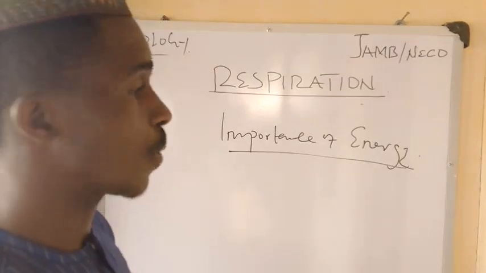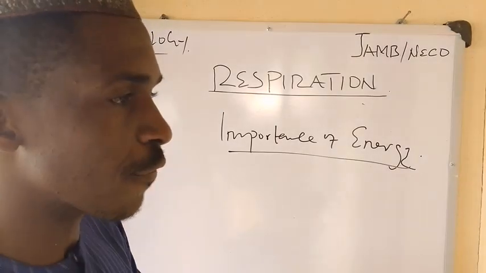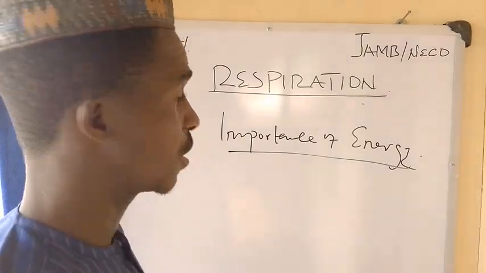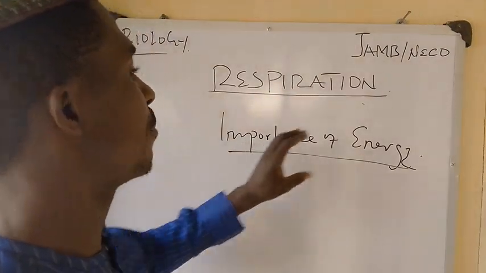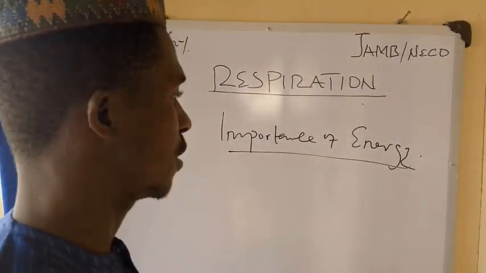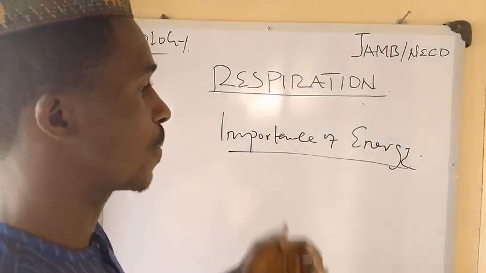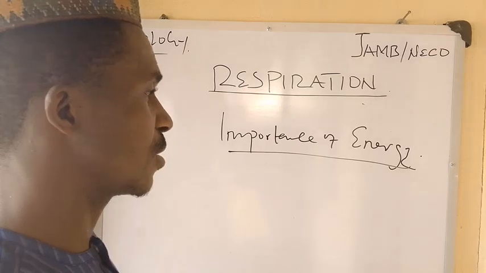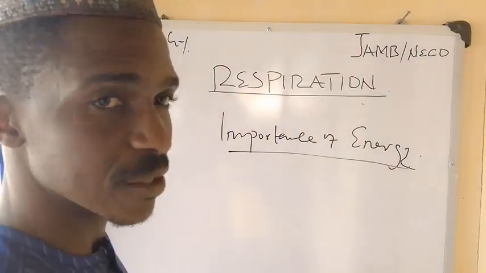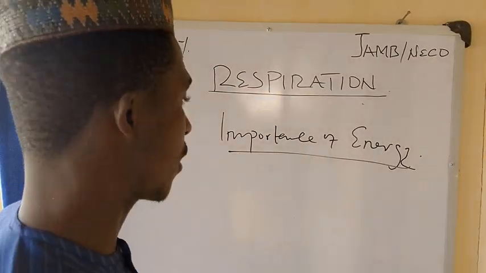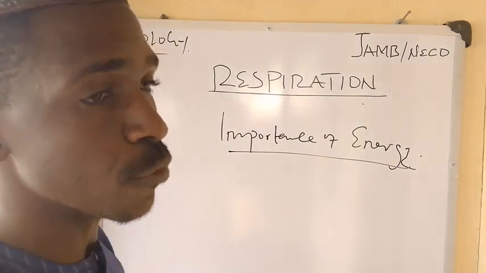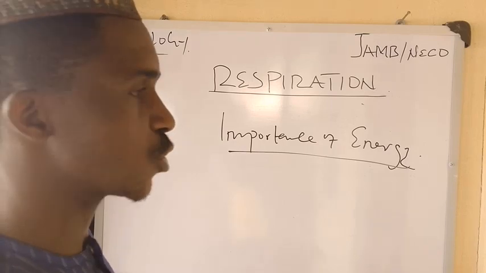The ability of organisms to move from one place to another is achieved by the amount of energy in the system. If there is no energy in the system, then the animal will look so weak. So that's number one importance of energy, the ability to move from one place to another.